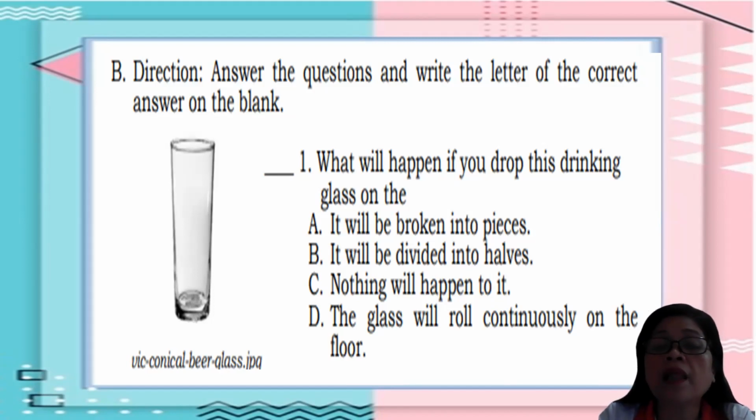C, nothing will happen to it. And letter D, the glass will roll continuously on the floor. What is the answer? All right, very good. The answer is letter A. It will be broken into pieces.